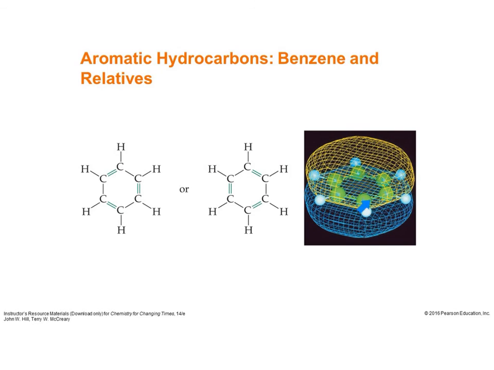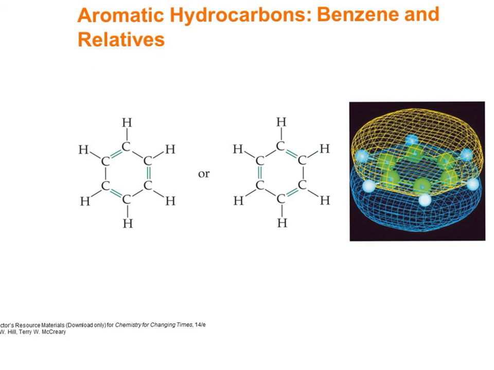It's more of a communal situation than it is a single possession, or even one of those two structures existing. But I think at this level in particular, it's simply easy to think of it as these double bonds continually rotating between the carbons.